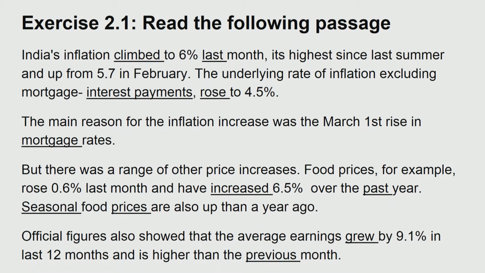The main reason for the inflation increase was the March 1st rise in mortgage rates. But there was a range of other price increases. Food prices, for example, rose 0.6% last month and have increased 6.5% over the past year. Seasonal food prices are also up than a year ago. Official figures also showed that the average earnings grew by 9.1% in the last 12 months and is higher than the previous month.